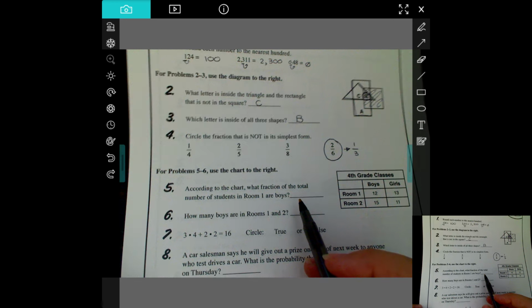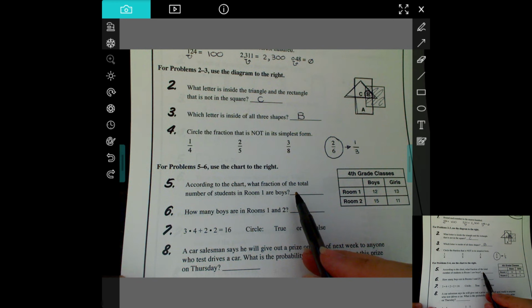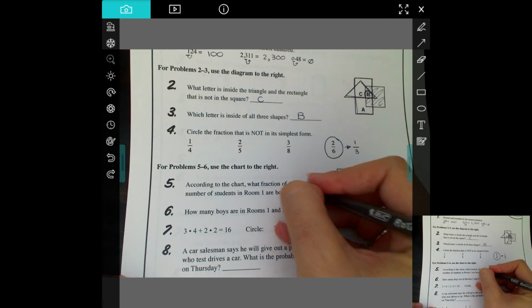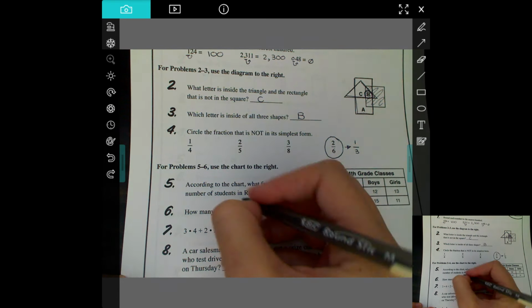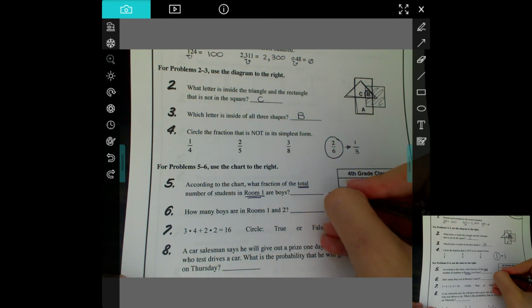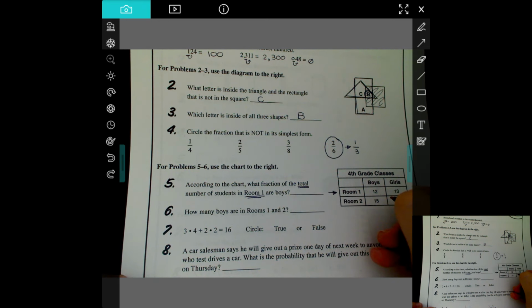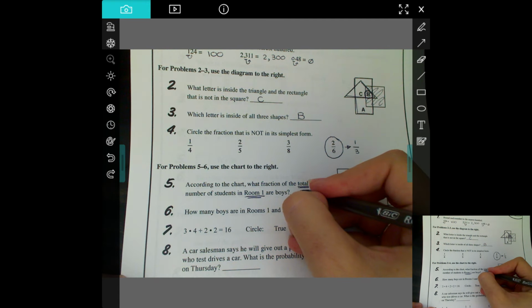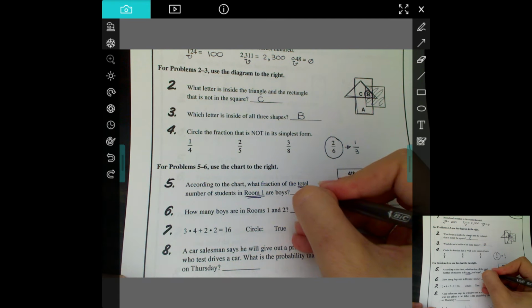Number 5, according to the chart, what fraction of the total number of students in room 1 are boys? So again, I'm looking for total, and I'm specifically looking in room 1. So in room 1, the total number of students that are boys is 12. 12 boys.